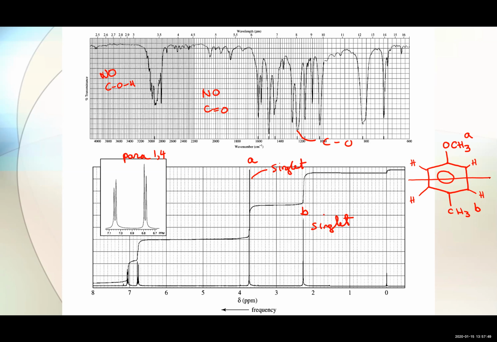These are closer to the oxygen, so they're probably shifted downfield, and these ones are far away from the oxygen. In fact, CH3s are known to be electron donating groups. We talked about this last semester, and that causes more shielding. So that's probably what these guys are. I'm not positive, but that's probably what it is.